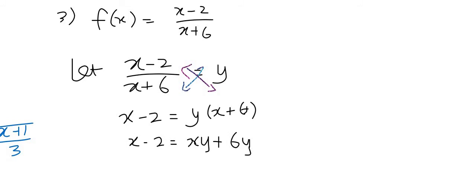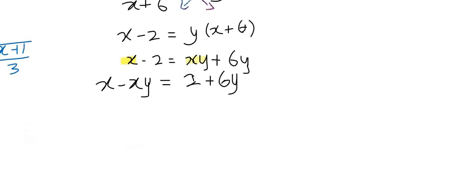And because you actually have x on both sides of the equation, you need to move all the x's to one side, and that will give you x minus xy. Moving the 2 over will give you 2 plus 6y, and you need to factorize out the x because it appears on both sides.